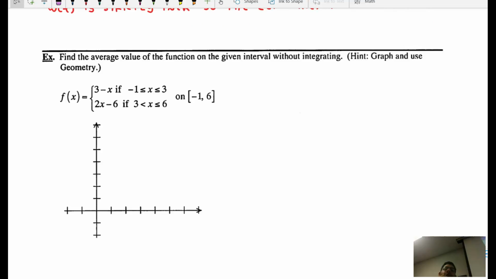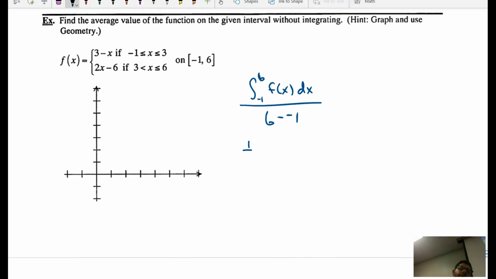Everybody get what we would do for the last one? What would we do for the last one? We would graph. How would we find average value? The integral over the interval, so 6 minus negative 1, from negative 1 to 6, which is going to be 1/7 the integral from negative 1 to 6.